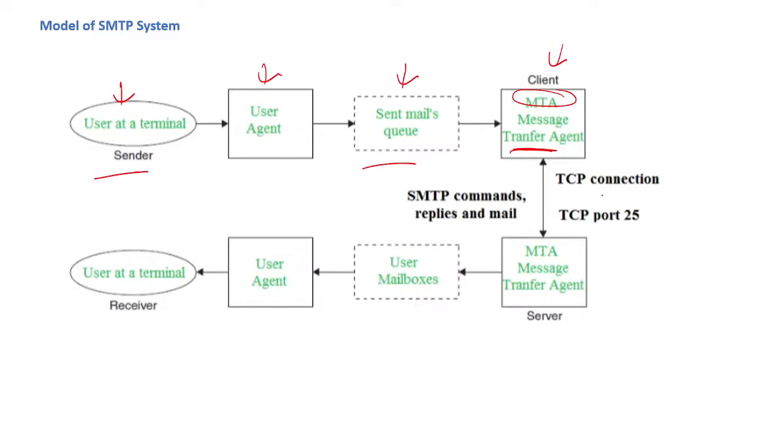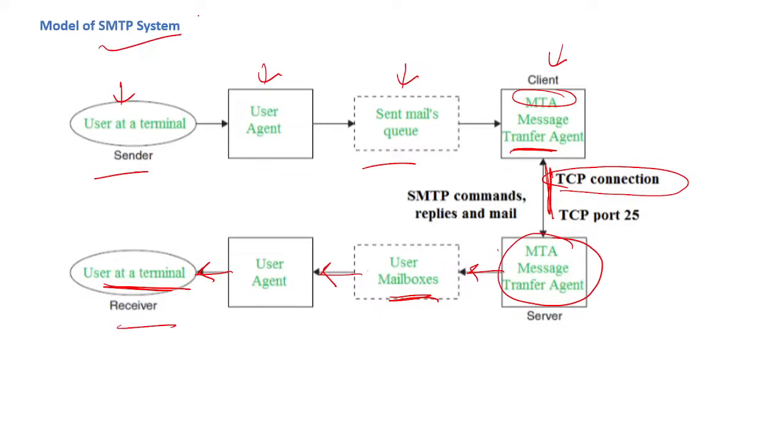Now here the TCP connection will be established. After that it comes to another MTA, then it goes to the user mailbox, that is the receiver mailbox. Through the user agent, finally it comes to the user terminal, that is the receiver terminal. This is the way SMTP works.